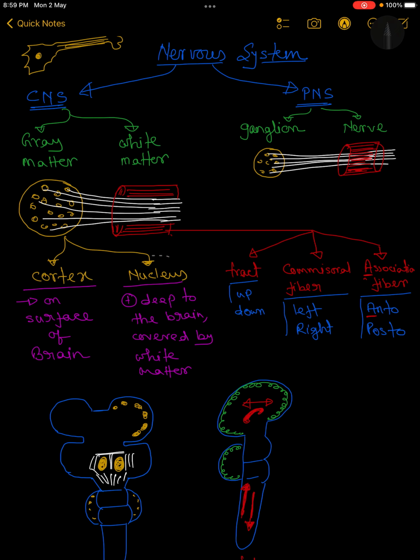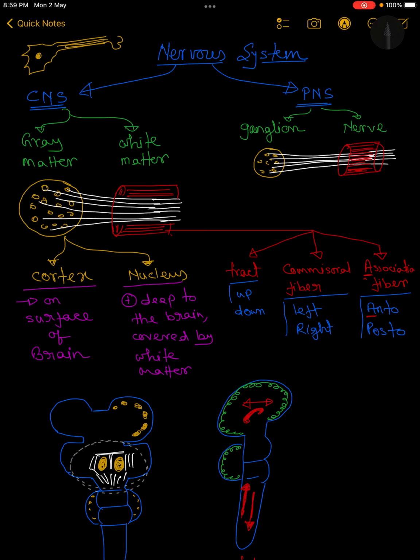Now, what is the nucleus? A nucleus is present deep in the brain, covered by the white matter. Focus here.